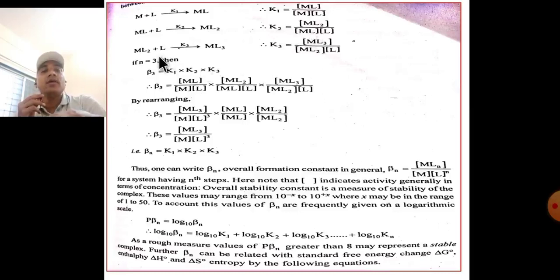Next, third step: ML2 plus L gives ML3, therefore K3 is equal to [ML3] upon [ML2] into [L]. If n is equal to 3, then βn, the overall formation constant, is equal to K1 into K2 into K3, then β is equal to [ML] upon [M][L] into [ML2] upon [ML][L] into [ML3] upon [ML2][L].